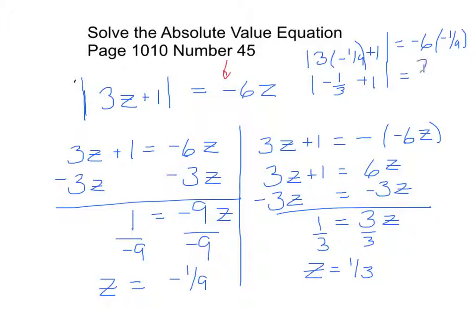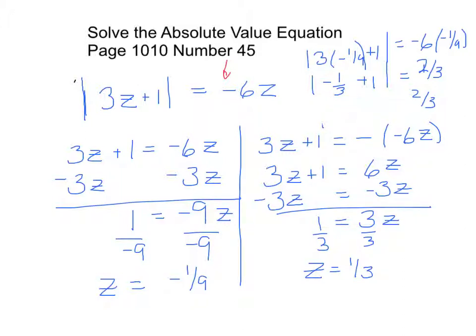Reduced, that would be 2/3. And then absolute value, negative 1/3 plus 1 is 2/3. 2/3, so the 2/3 equals 2/3. That's correct.